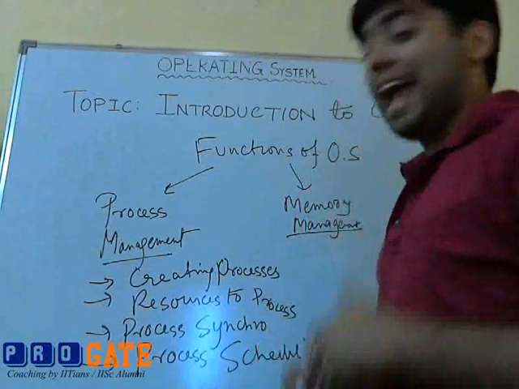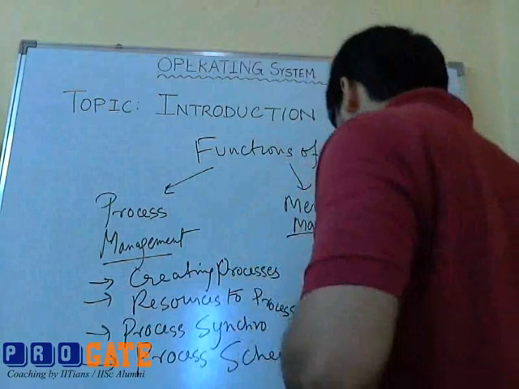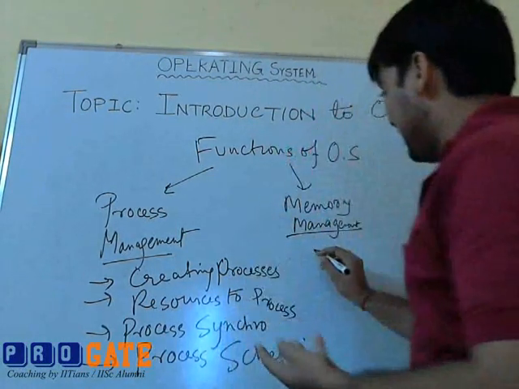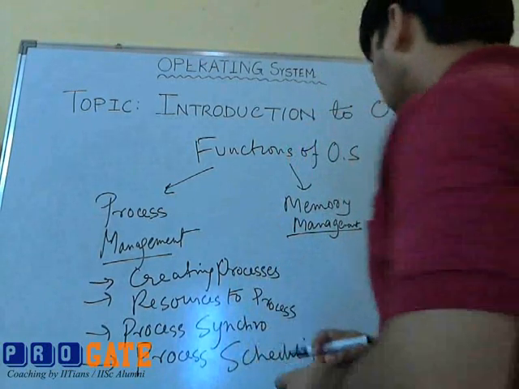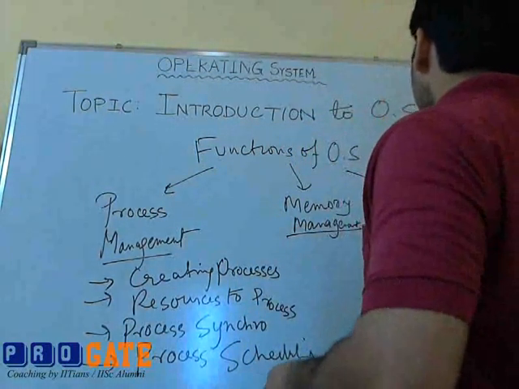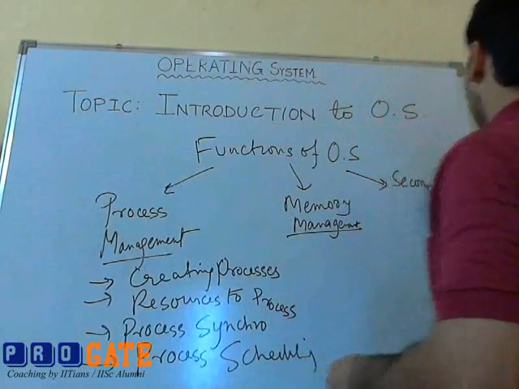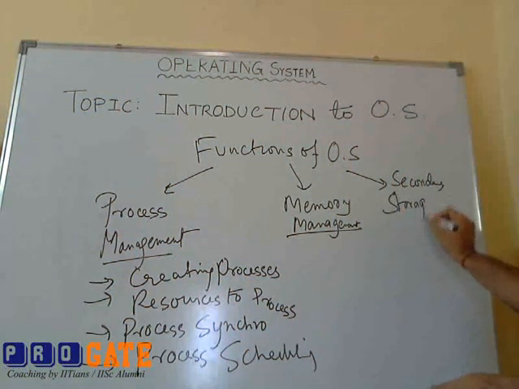It allocates and deallocates the memory between the different processes, and it decides in which part of the memory to store which process. Third is secondary storage management.